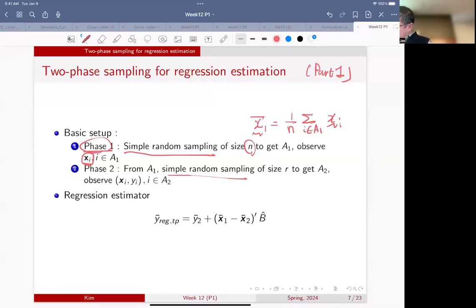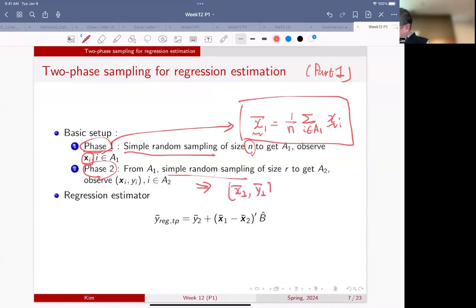In phase one, we compute this. In phase two, we compute x bar 2 and y bar 2. Not n, we have a sample size r. Just a simple mean, right?